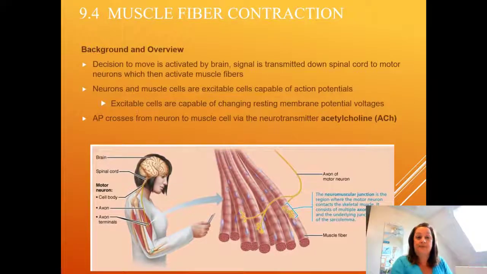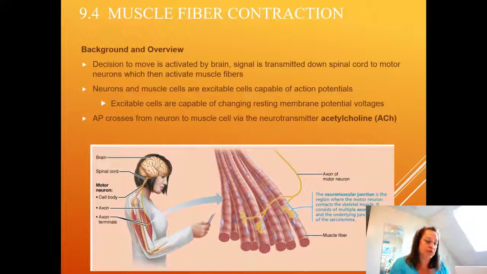So why does this happen? The decision to move is activated by the brain. The signal is transmitted down the spinal cord to the motor neuron, which you see there in yellow, and the motor neuron touches the muscle. The neuron and the muscle are both stimulated by what's called an action potential. An action potential is a change in voltage across the membrane.